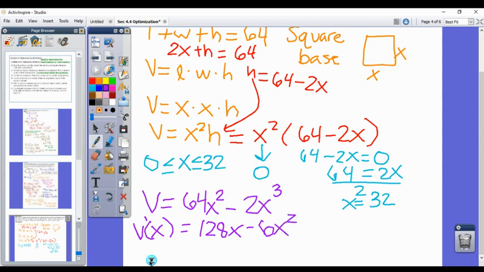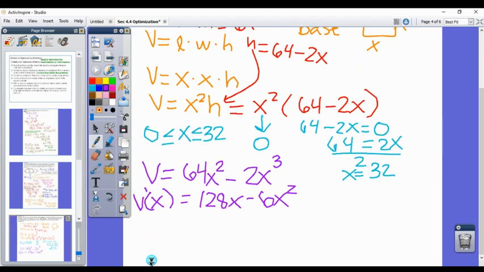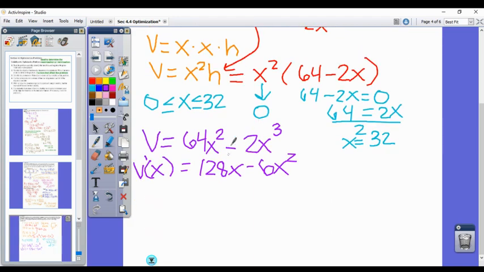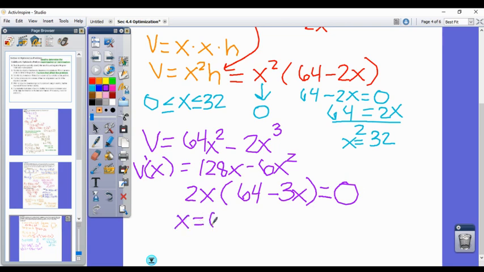Okay, so as you know, we're going to factor this and we're going to set it equal to 0 to find our critical points. So what can I take out from both of these? I can take out a 2 and an x. And that will leave me with 64 minus 3x. Okay. All right, so that's telling me that x is 0 or 64 minus 3x equals 0.